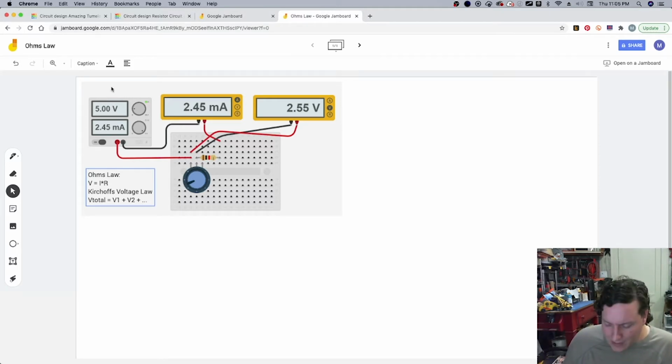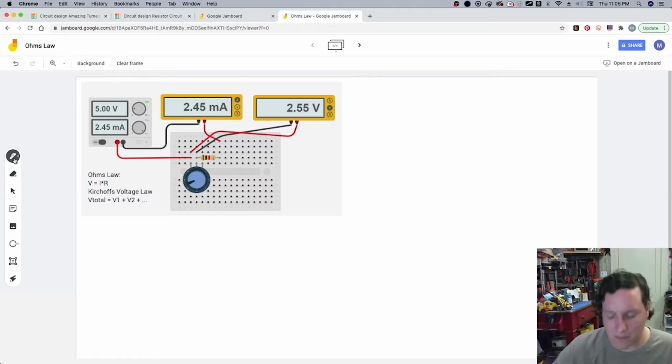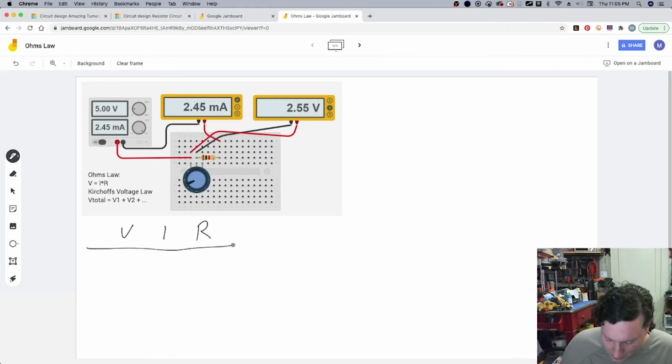So one of the ways that I like to approach this when I'm working on these problems is I'll actually set up a table of V, I, R, and then I will identify each of the components that I know about: resistor 1, resistor 2, resistor total, and then I may occasionally put in a circuit analysis, the total circuit.